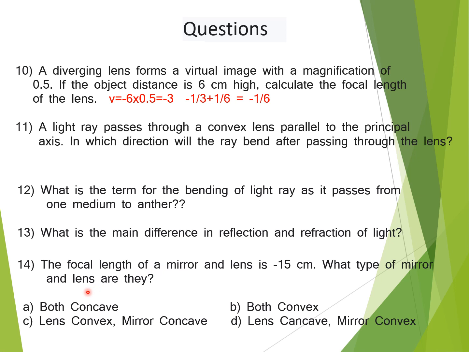And the last question is, the focal length of a mirror and lens is minus 15 centimeter. What type of mirror and lens are they? Options are both concave, both convex, lens is convex and mirror is concave, or lens is concave and mirror is convex.